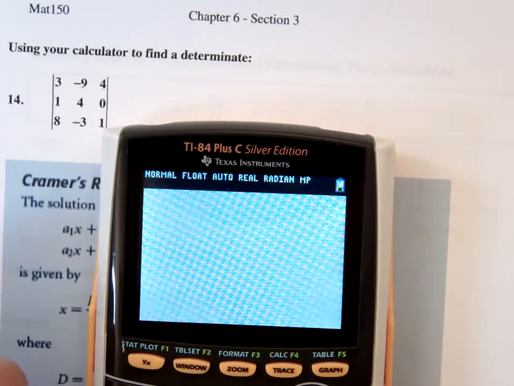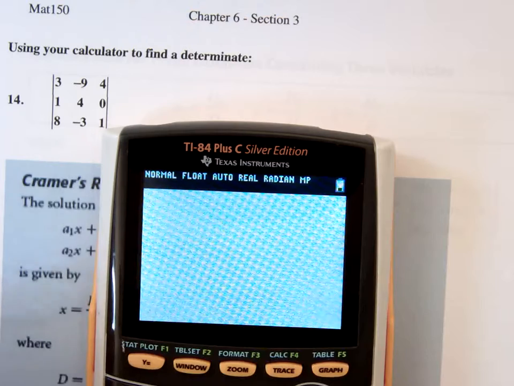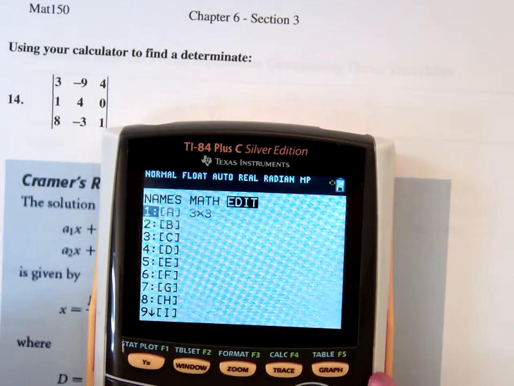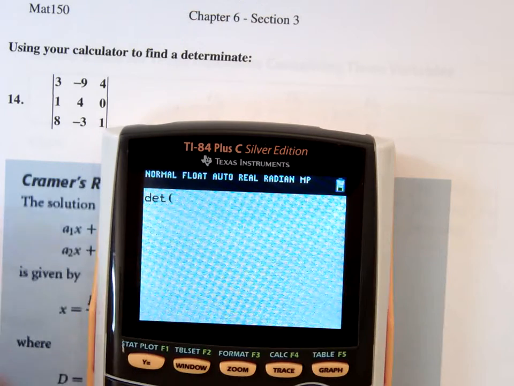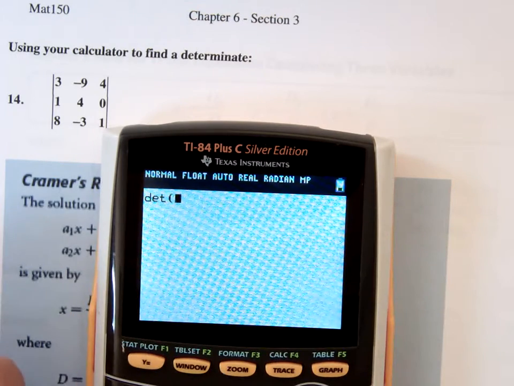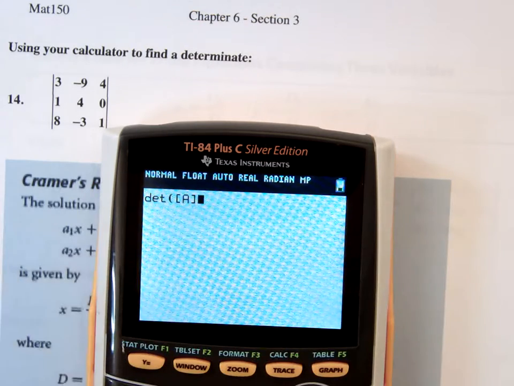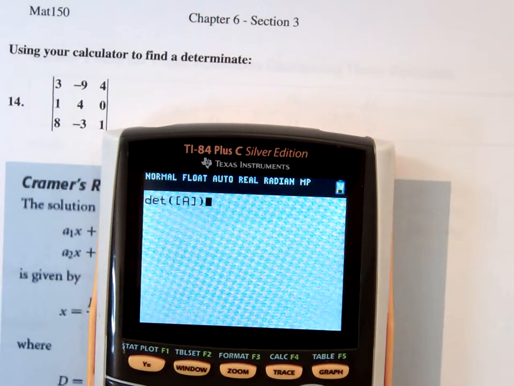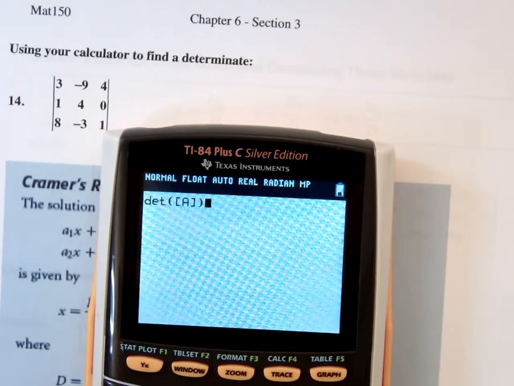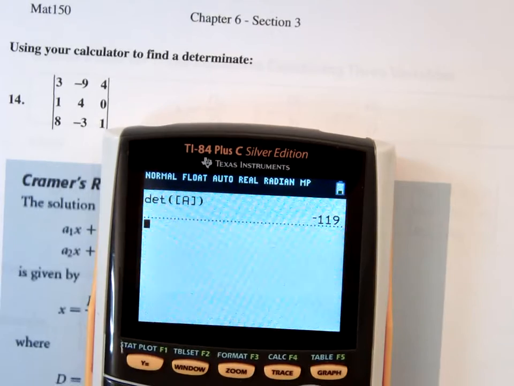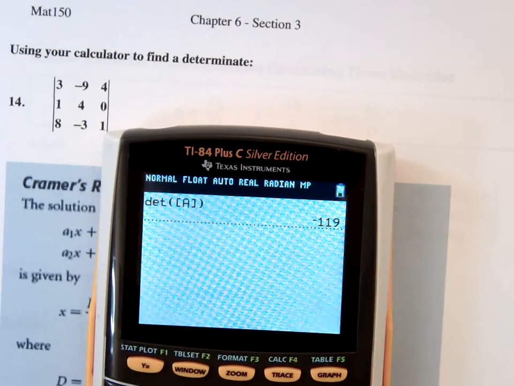Let me do that again. So matrix, math, no edit, math, determinant. And then you guys are there faster than me, second matrix. And then I want to pull A off. You don't have to have the end parenthesis if you don't want to. And then at which point, if you just press enter, that'll give you the value of that determinant.